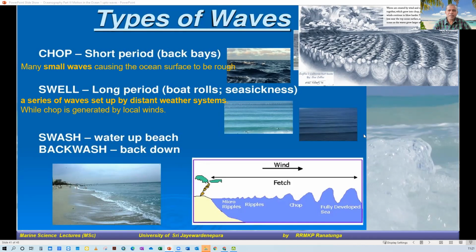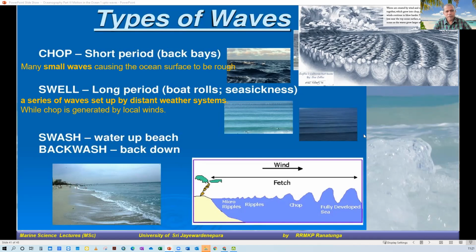In this case, we call it choppy. Today is a bit choppy, so it's not extremely bad. You can still go, but you can't go very fast because of this choppy surface, like you are going on an uneven road.